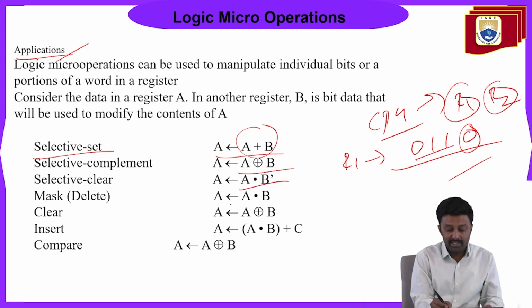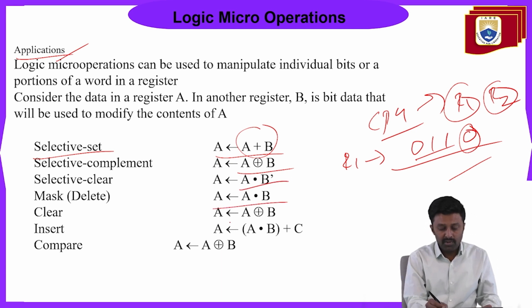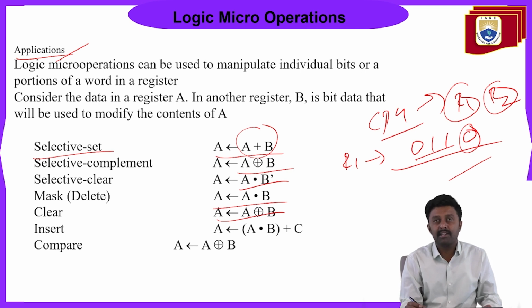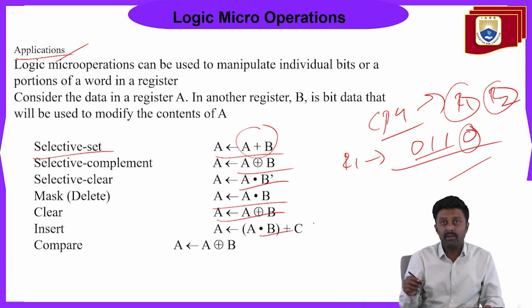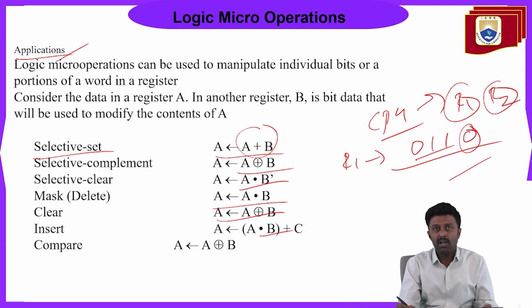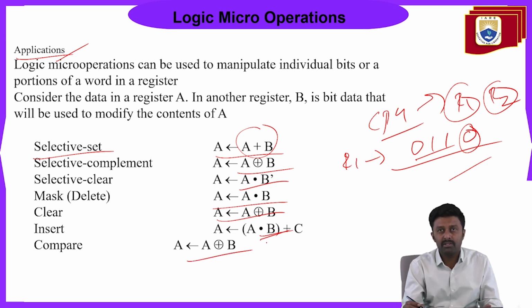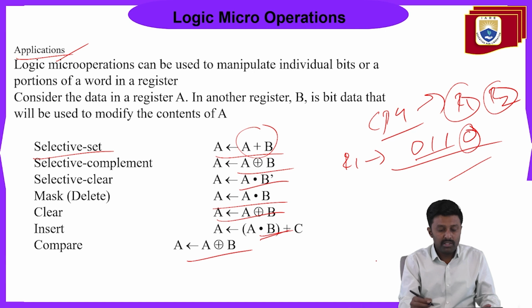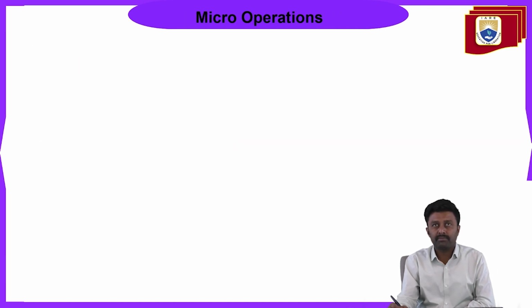To mask the bits, we'll write to clear. This instruction is used to insert a particular bit into the register value. This micro operation instruction is written, and to compare we use XOR operation. So these are some of the applications of logical micro operations which can be used.